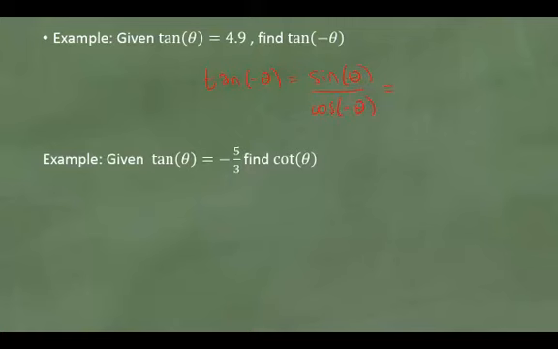And then here we're going to use the properties that we already know. Sine of negative theta, because sine is odd, is negative sine theta. And cosine of negative theta, because cosine is even, is just cosine theta. But what is this? This is tangent theta all over again, so this is equal to negative tangent theta. We know that tangent theta is 4.9, so this is just equal to negative 4.9.